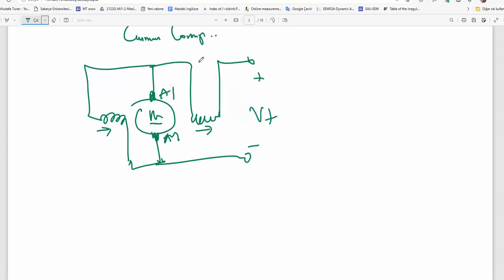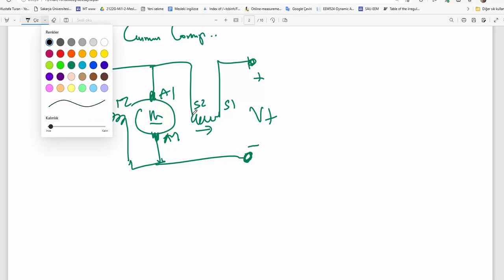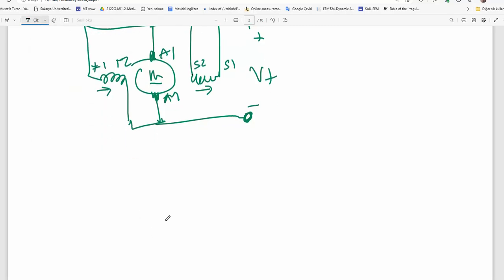If you reverse this one, let me say F1, F2, series 1, series 2, here are the positive and negative terminals. Let me show you.